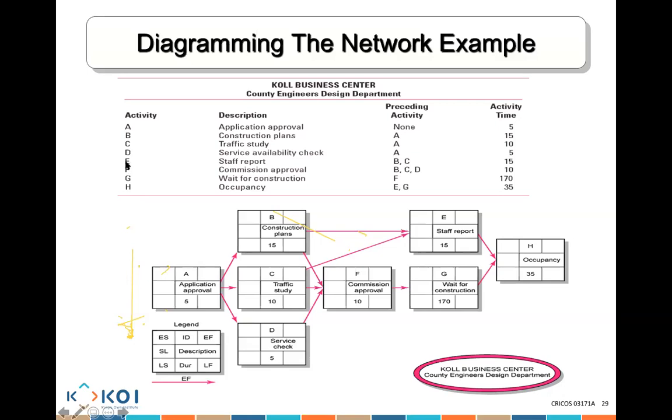E and F. First of all, F comes after B, C, and D. So this is the one level straight after B, C, and D. But if you think about activity E, the way they've done it this way is because you see how there's activity H? Activity H is coming immediately after E and G. That's why they put it this way.